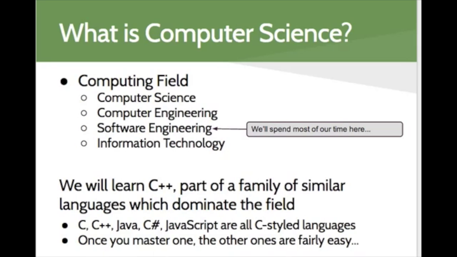Certainly, we do employ algorithms and we do use a bit of math, but it's not particularly geared towards theory. It's more geared towards real practical experience writing programs. And I think generally that's what most people will at least have their first exposure to computing in.